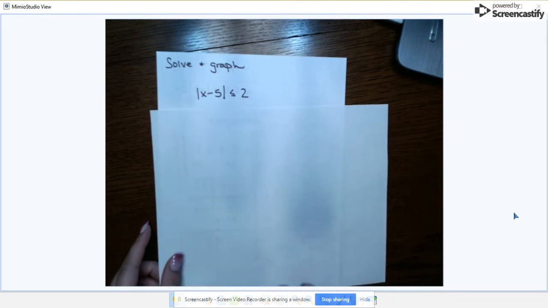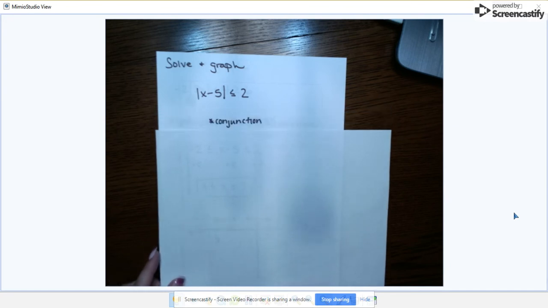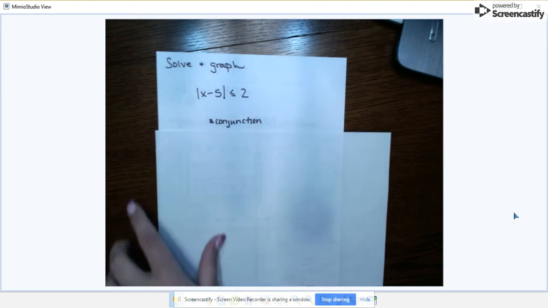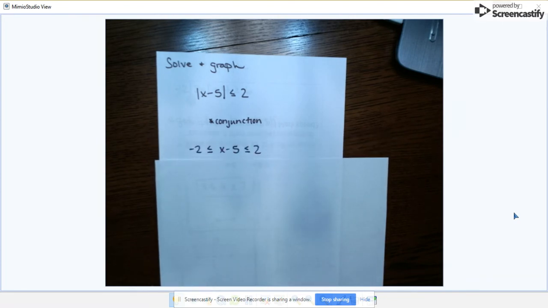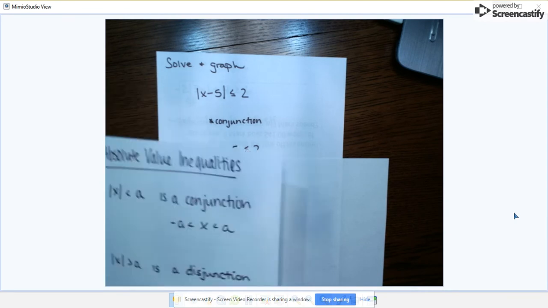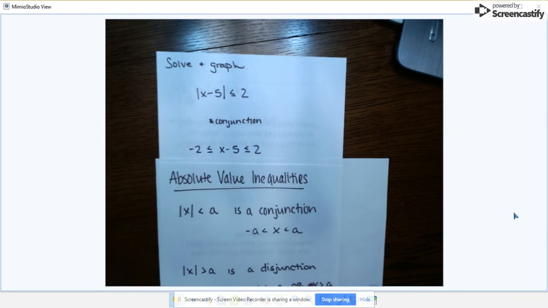The absolute value of x minus 5 is less than or equal to 2. This follows our first rule, which is a conjunction. So I can write my answer with the negation of that answer: negative 2 less than or equal to x minus 5, less than or equal to 2. Again, that comes from right here.